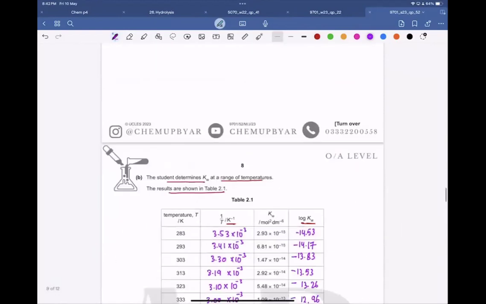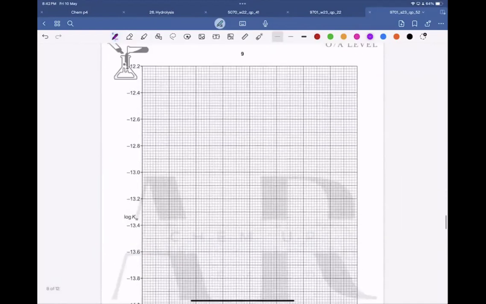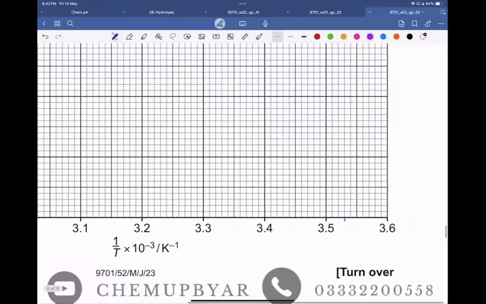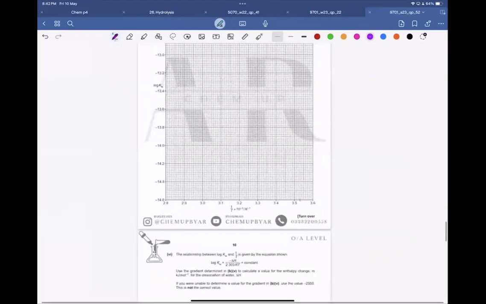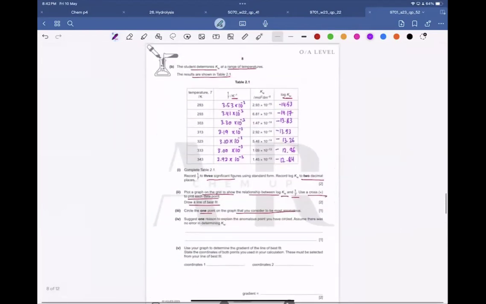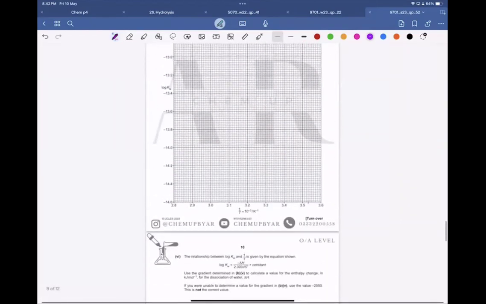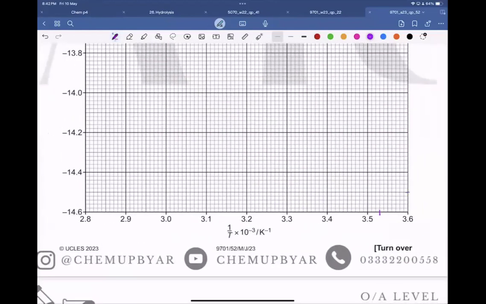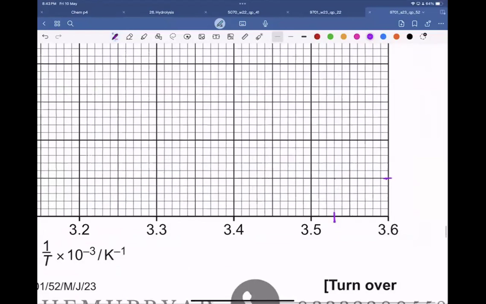So it's 3.53 exponent minus 3 and minus 14.53. 3.53 is this one, and 14.53, this will be the point.